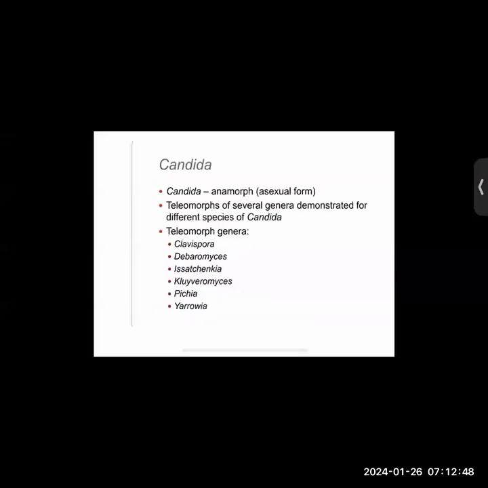The asexual form is the anamorph, and then we have the teleomorphs, which are several and have been demonstrated to be of different species.